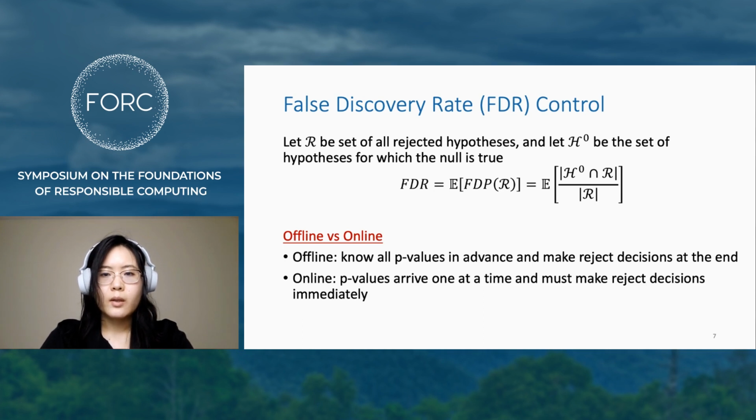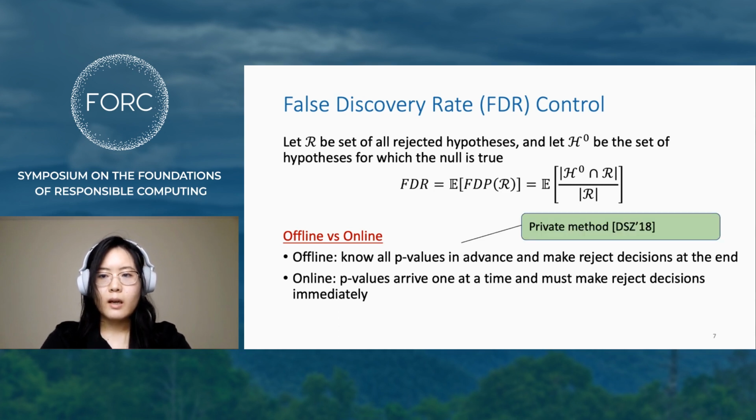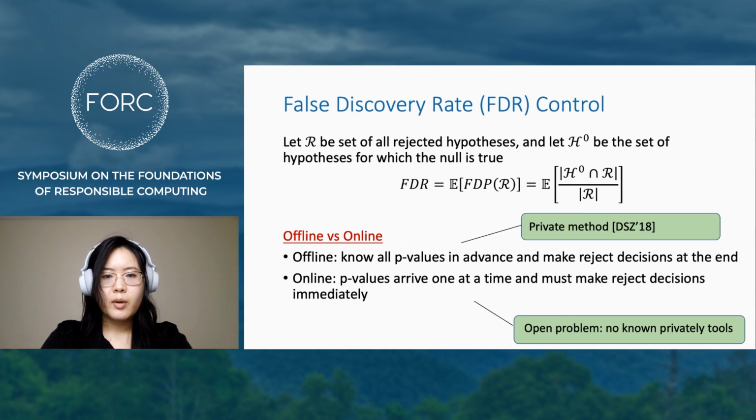In the online setting, we receive a stream of hypotheses, or equivalently a stream of p-values, and we must make rejection decisions before the next hypothesis arrives. Those hypotheses can be adaptive and depend on previous hypotheses and rejection decisions. The only existing private FDR control procedure considers the offline setting, and it's not known how to do it online privately. And this is what we are going to solve.